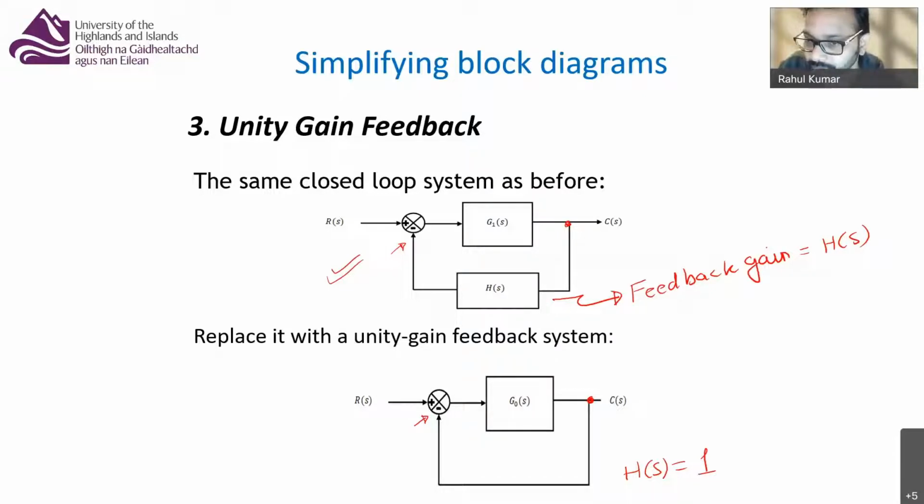So the value of the signal here would have been C of s multiplied by H of s. But in this case, the value of the signal in this feedback path will be simply C of s multiplied by 1, because we have unity gain feedback. Okay.